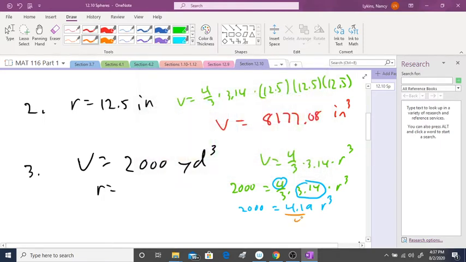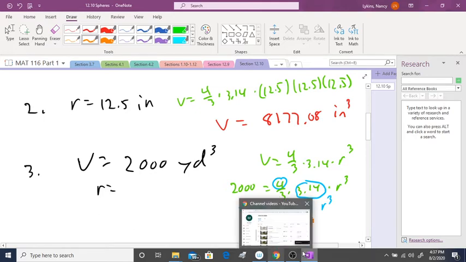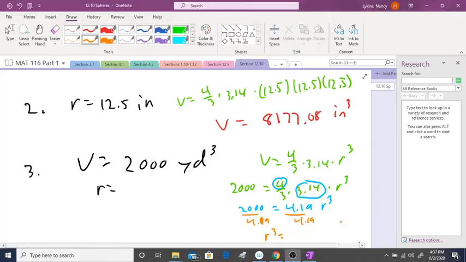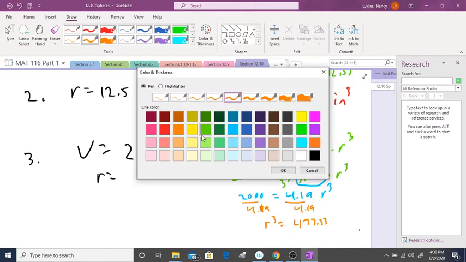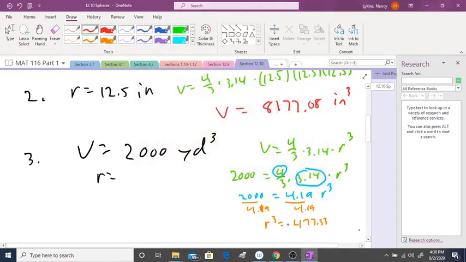Divide by 4.19. R to the third equals 477.33. But then what you have to do is, instead of taking the square root, it's this cube root.